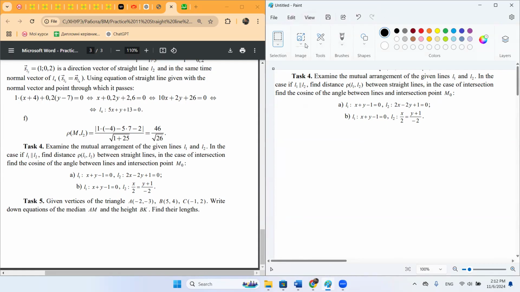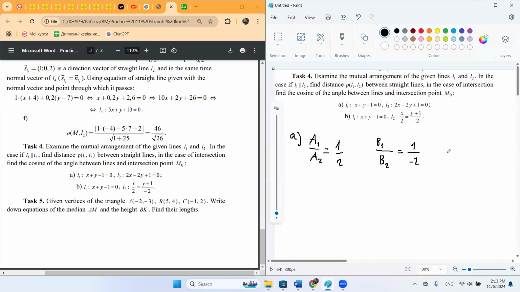So let's start with part A. A1/A2, B1/B2 equals 1/(-2).